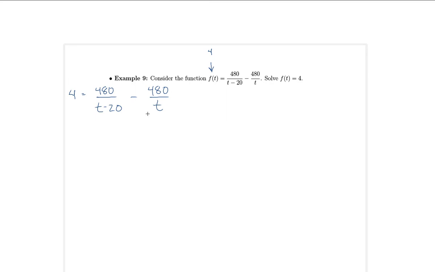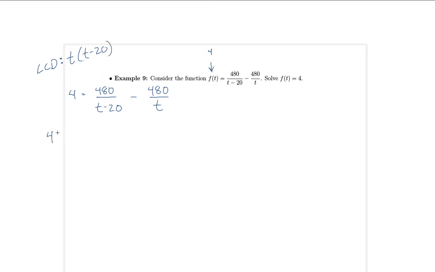They both have t's in them, but one is not a multiple of another. So that's one of the situations where the LCD is just the product of the two bottoms of the fractions. So I can make a little note here that my LCD is t times t minus 20.